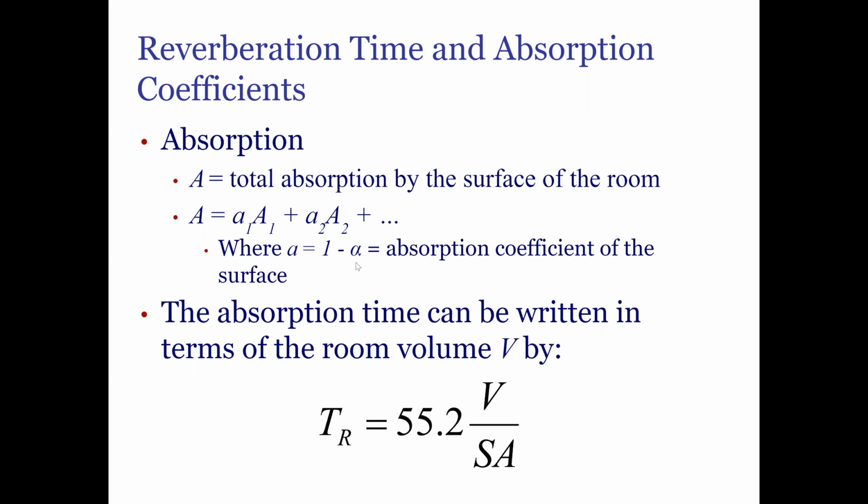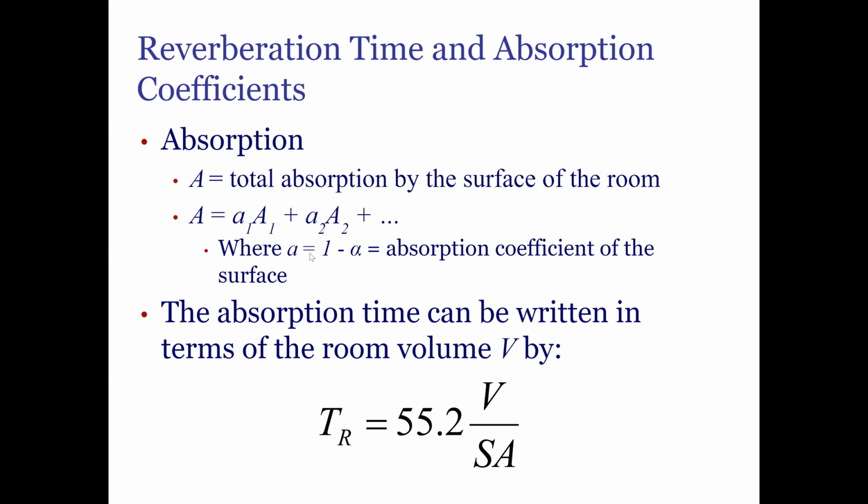If you have something that is highly reflective, like concrete, then this A is going to be very small. So even if you have an enormous concrete wall, because that absorption is small, it doesn't contribute a whole lot to the total absorption by the room surfaces.